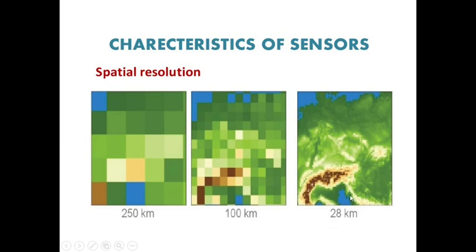As the pixel size becomes smaller, the resolution of the image becomes better and better. So the spatial resolution of a sensor is the ability by which it can produce smaller pixels that are useful to differentiate small objects in a satellite image.